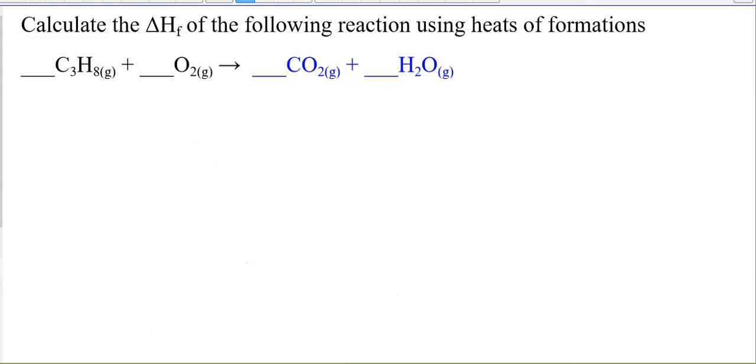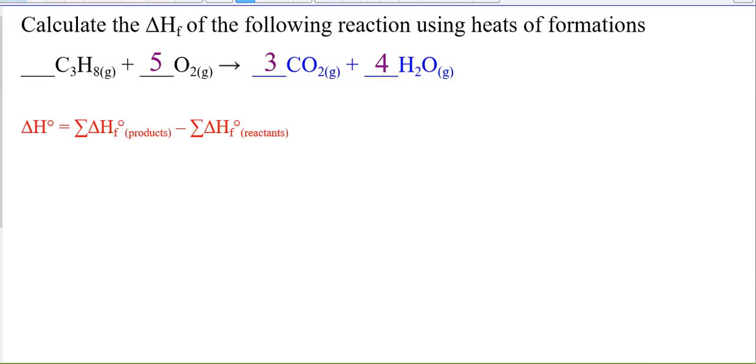Propane, when added to oxygen in ideal conditions, will produce carbon dioxide and water. So once I balance that chemical equation, which by now you should have a pretty good handle on, I should require, I didn't write the number in, but 1 mole of propane for every 5 moles of oxygen should yield 3 moles of carbon dioxide and 4 moles of gaseous water.